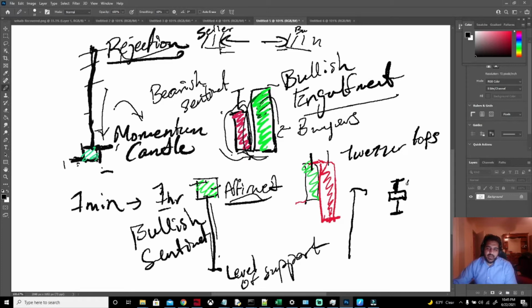It doesn't really matter about the size of these wicks, but generally we're thinking about small wicks up and down. And it really doesn't matter the color of this body. Could be red or black. We really don't care. And this is called an indecision.